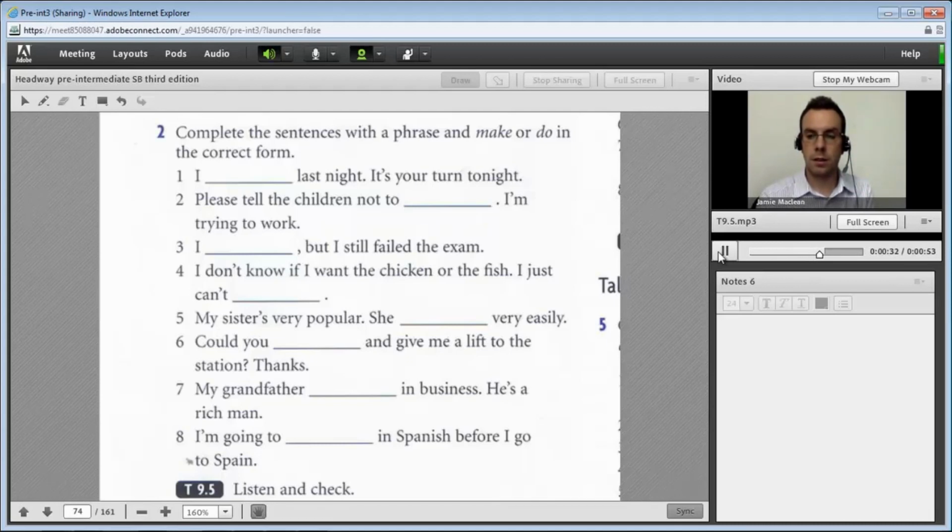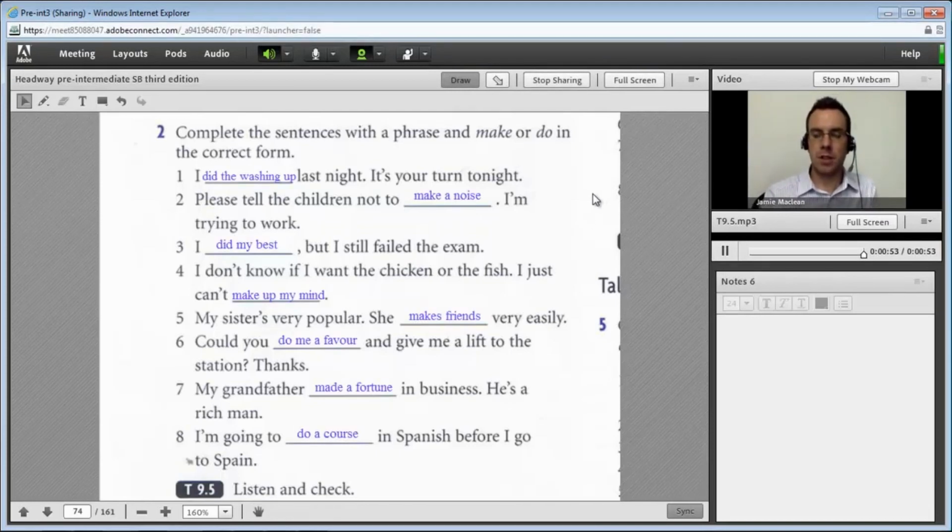She makes friends very easily. 6. Could you do me a favour and give me a lift to the station? Thanks. 7. My grandfather made a fortune in business. He's a rich man. 8. I'm going to do a course in Spanish before I go to Spain. Okay, and again, I'll write the answers on screen so you can double check. Okay, and you can double check your answers on screen, please.